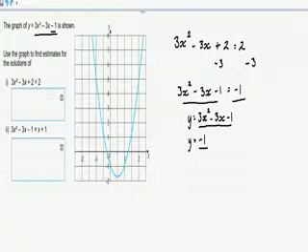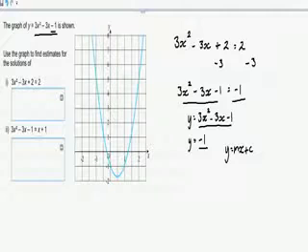Okay, this one might, and the giveaway is, you remember y equals mx plus c. So here we've got an x plus a number. So we've got the graph here of y equals 3x squared minus 3x minus 1, which is this line.